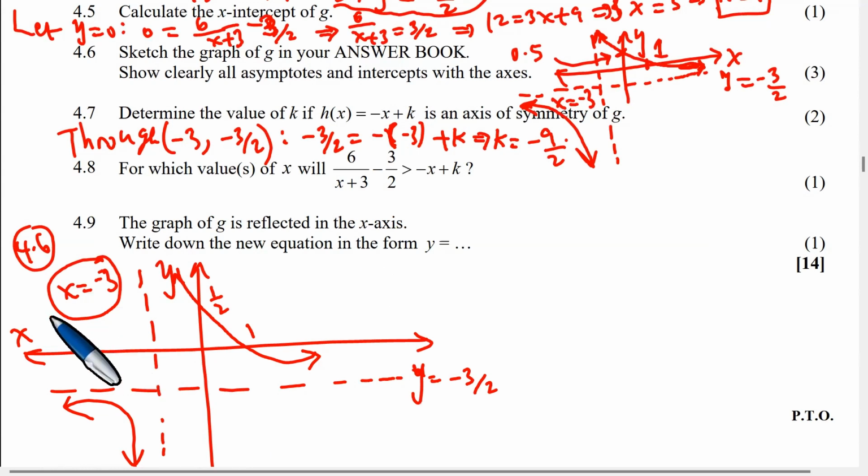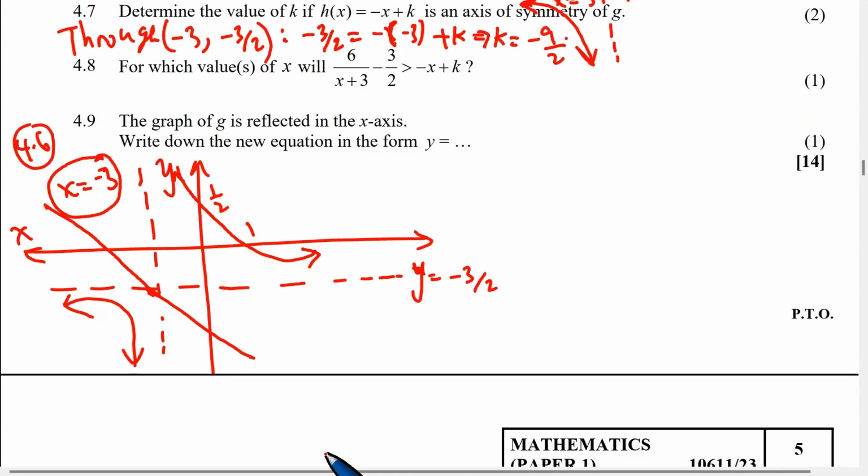Now this one is going to be a line of symmetry with negative gradient. You've already got K equal to minus 9/2, which means the equation is Y equals minus X minus 9/2. Right, so this examiner is trying to be creative here.